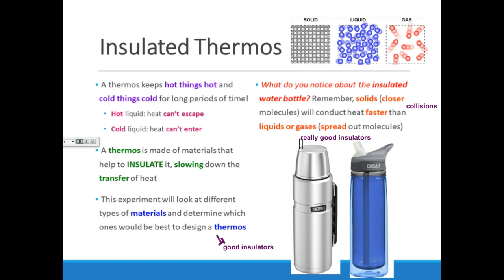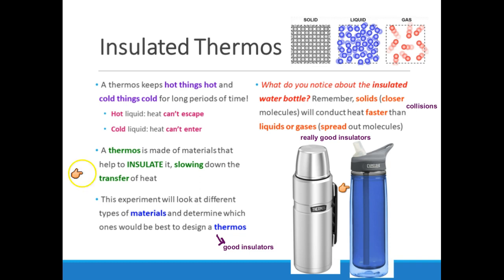Okay, so for example here, if you take a look at our bottle right here, what's happening is this layer might have a gas in it, or it might even actually just have a complete absence of air in it where there's nothing in it. But the whole idea is if there's nothing in here, or if it's just air in here, this means that it's even better insulated than if it was just the solid water bottle.